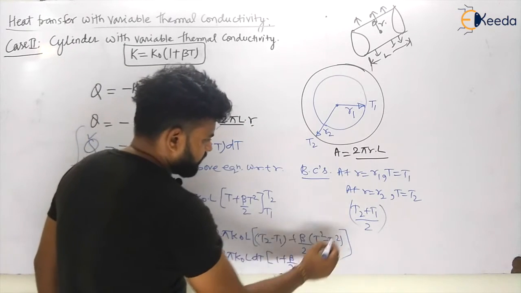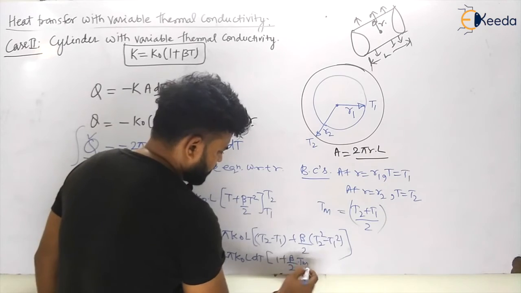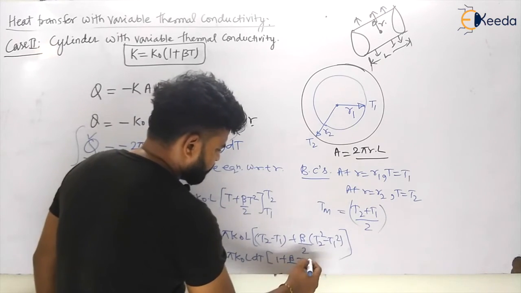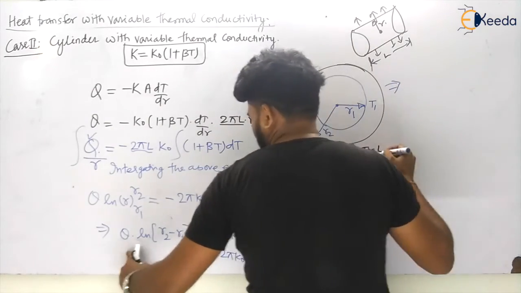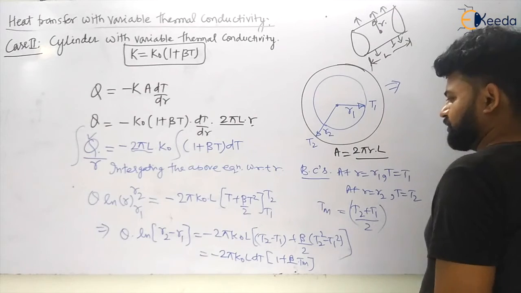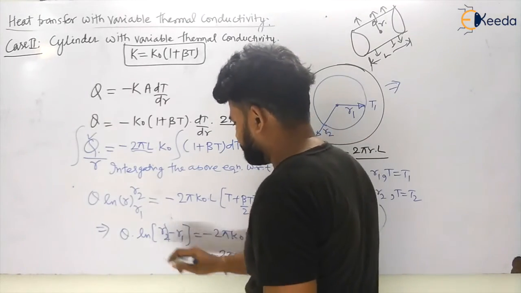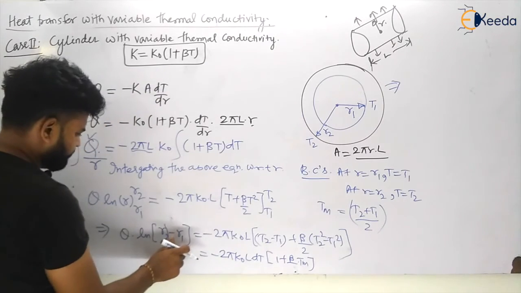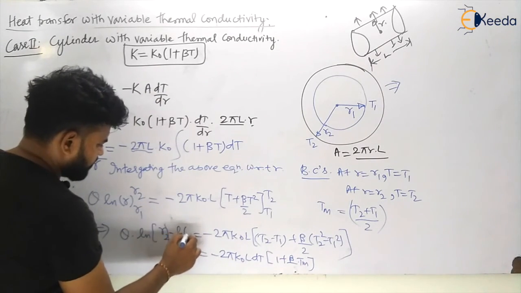So this will become, I am considering this term to be beta Tm, that is the mean temperature. Let us take it Tm. So the heat transfer in this case will be given by Q. So this is ln R2 minus ln R1. So this will become ln R2 minus ln R1.